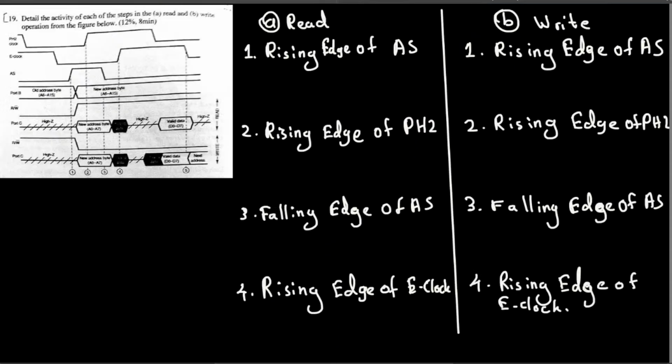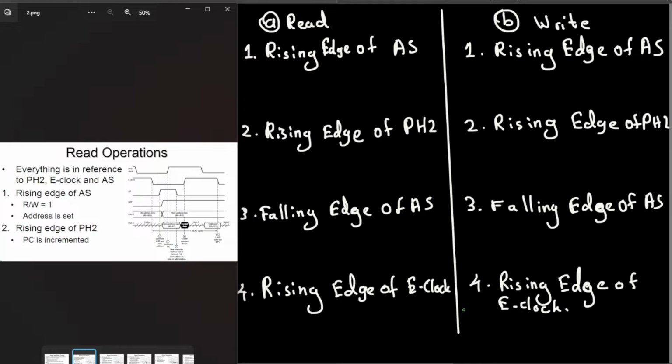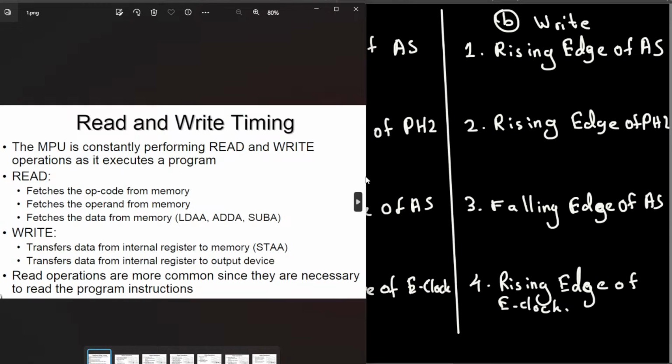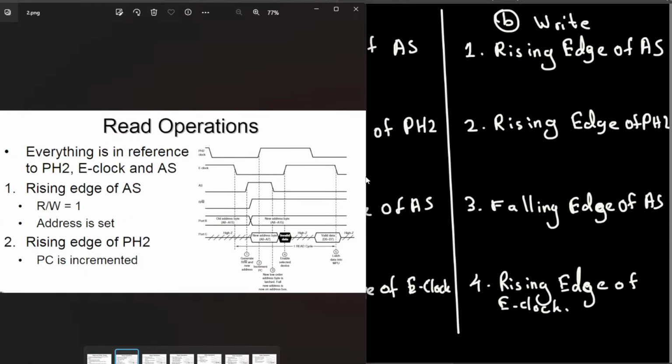So we just have to notice what is happening during that time in the read and the write. Okay, so look at that. What is happening at the rising edge of AS for the read part? You can see the read/write is set to 1.